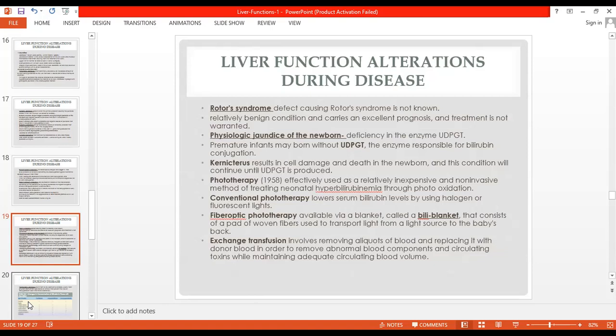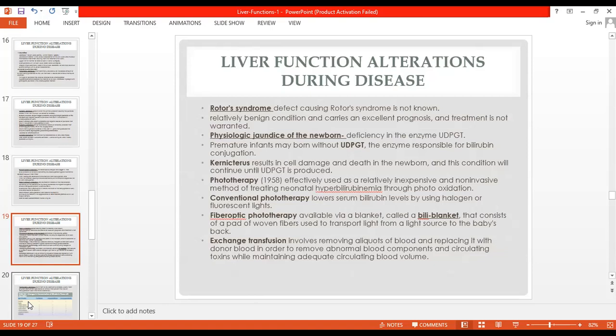In extreme cases of hyperbilirubinemia, an exchange transfusion may be used as a second-line treatment when phototherapy fails. An exchange transfusion involves removing aliquots of blood and replacing it with donor blood in order to remove abnormal blood components and circulating toxins while maintaining adequate circulating blood volume.